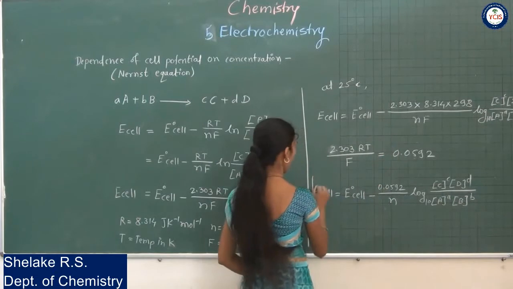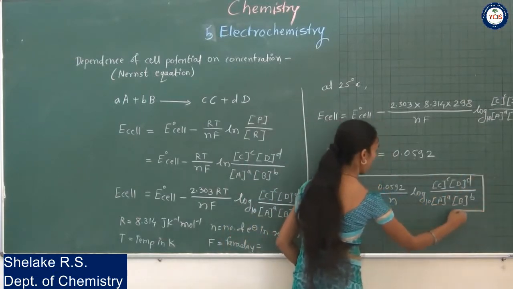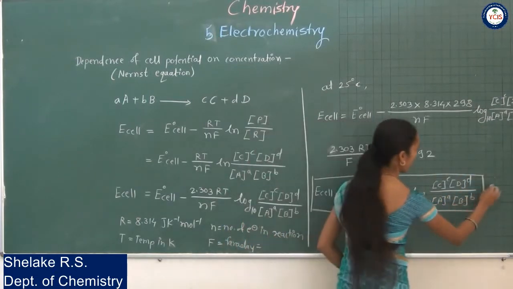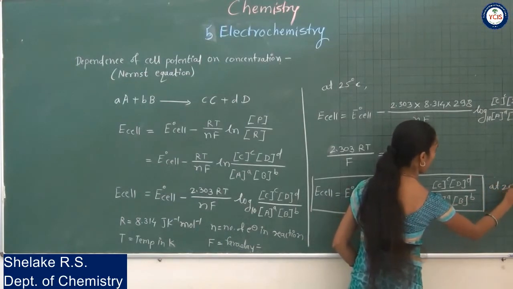So this is the E cell at 25 degrees Celsius.